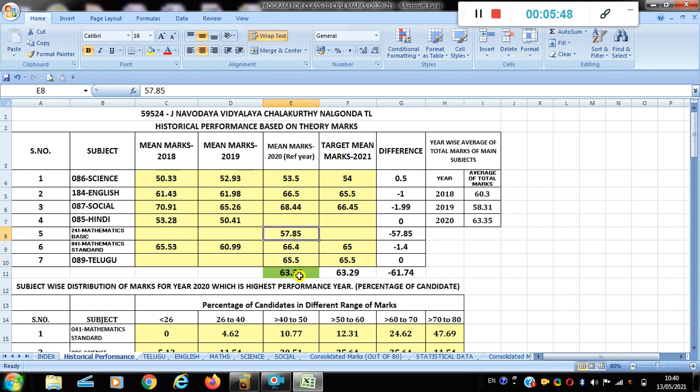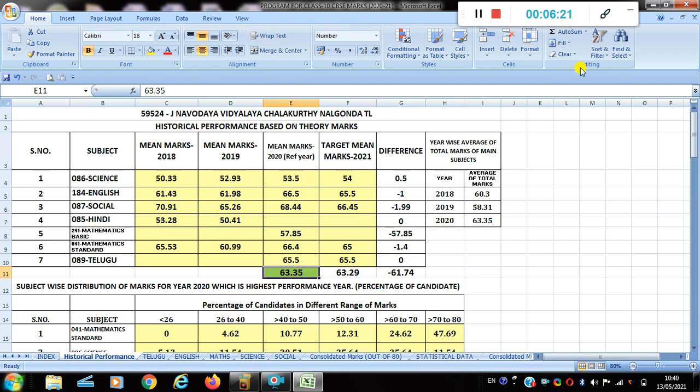That is why they might have given 63.35 as the school's average. If I select all these six entries, the average comes to around 63.03. But I should type 63.35 manually, please remember, because for 2020 the number is given as 63.35. So I typed 63.35 here.